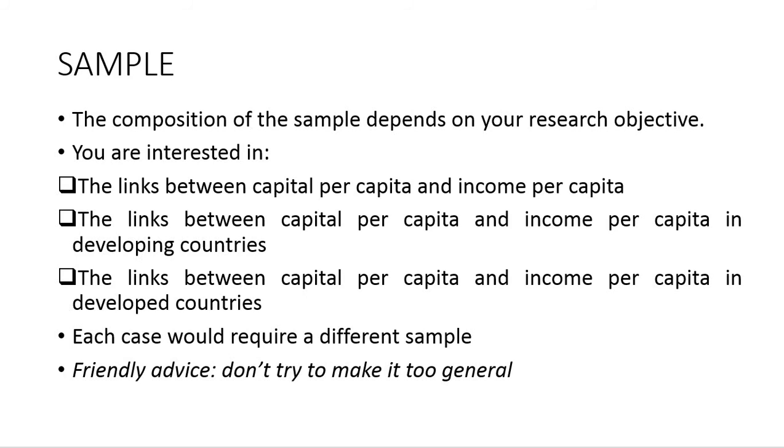However, if you concentrate only on developed or developing or emerging countries, or maybe countries located in Europe, or maybe Eastern European countries, or let's say post-communist countries, it will make your life much easier and it will make your research much more precise. So this is just some example.